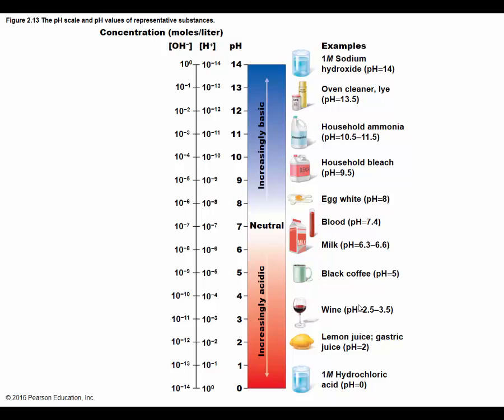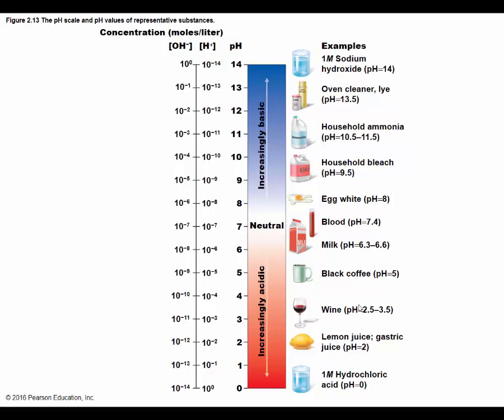So again, this is a pH scale. You can see some familiar things on the right-hand side there. Ranges from 0 to 14. Again, the pH scale is based on what concentration? Hydrogen ion. Hydrogen ion concentration. So the more hydrogen ion, how does that affect pH? It's like a teeter-totter.